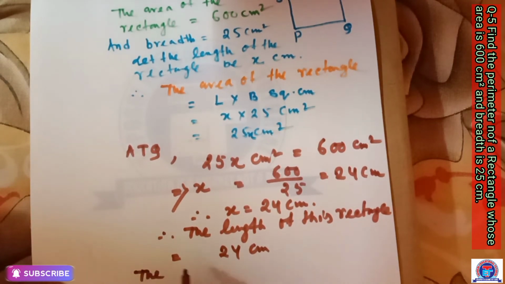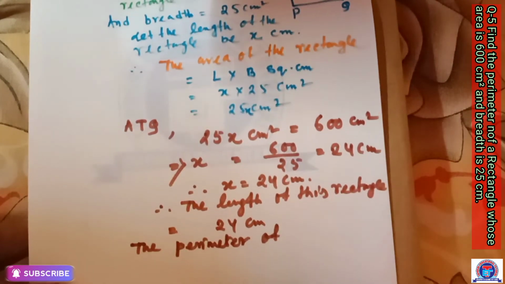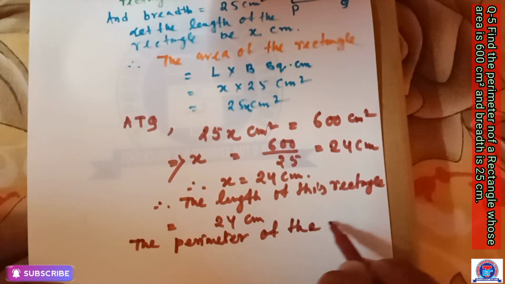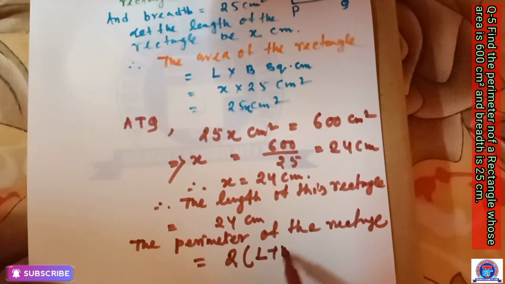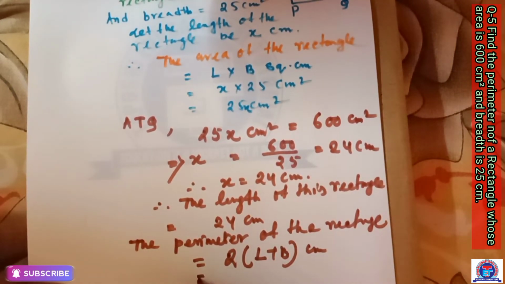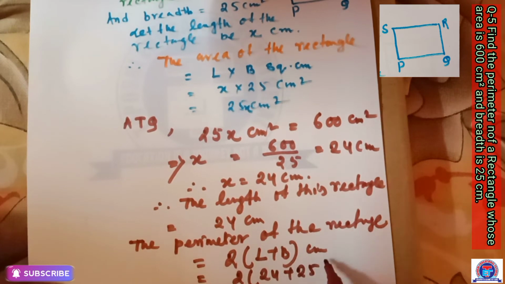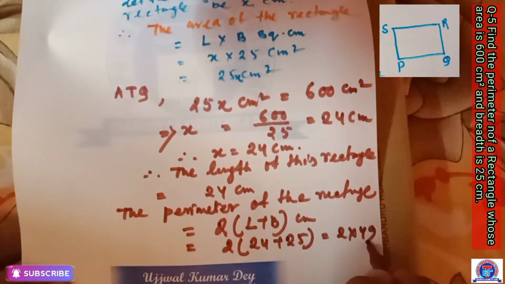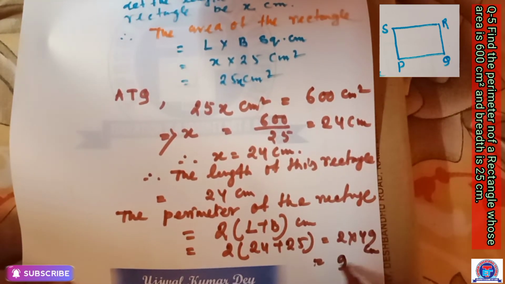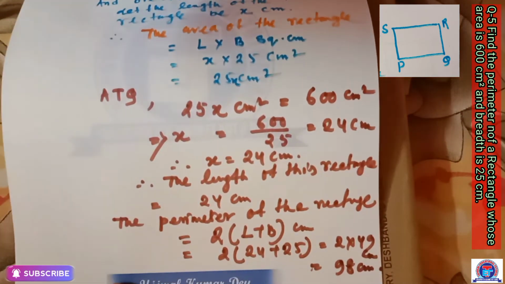The perimeter of the rectangle is equal to 2 into length plus breadth centimeter, that is we write 2 into length is 24 and breadth is 25, so it will become 2 into 49 centimeter, so it will become 98 centimeter. Right. I hope student you understood this math very clearly.